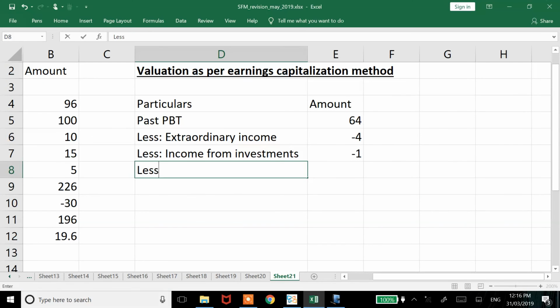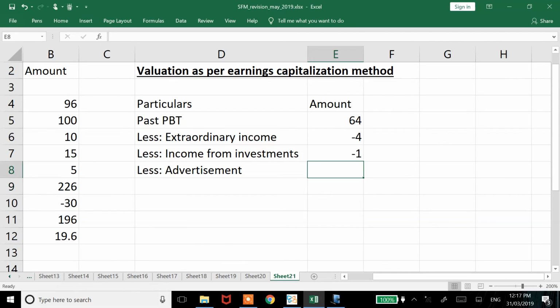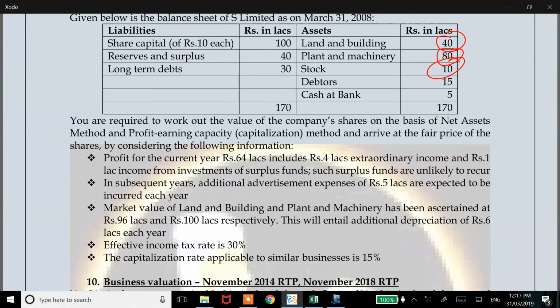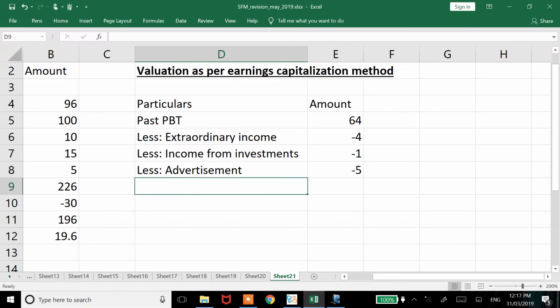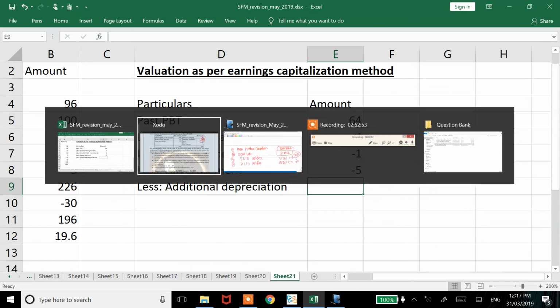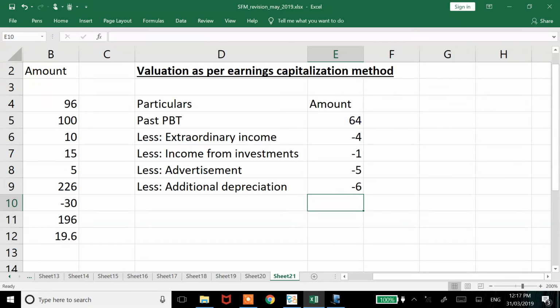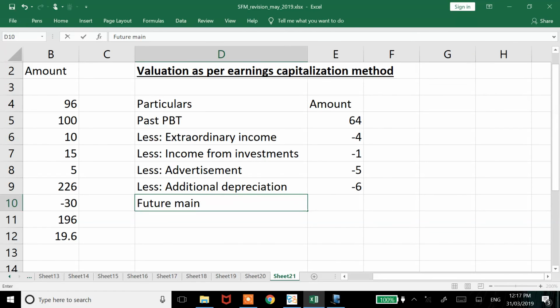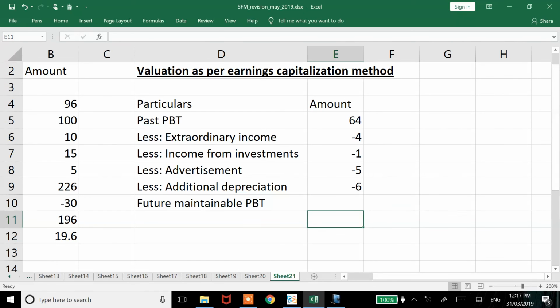Less advertisement, this is an extra expense, 5 lakhs. And also another expense called additional depreciation, 6 lakhs. Future maintainable PBT. This is the future maintainable profit before tax.